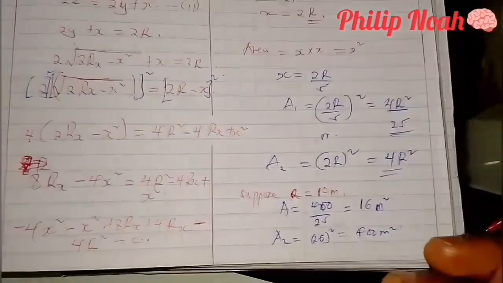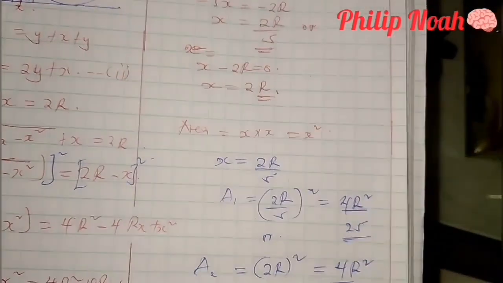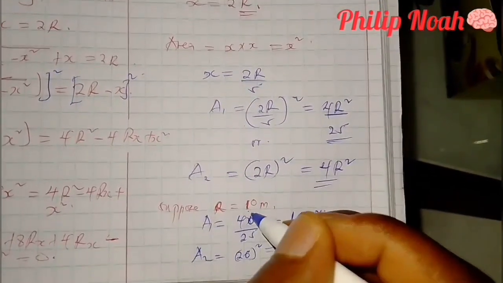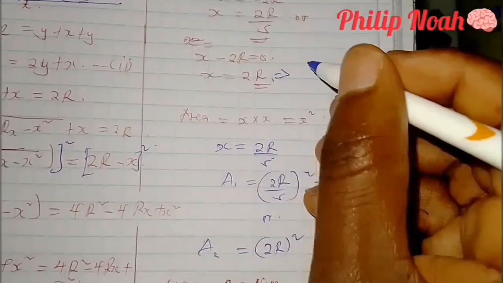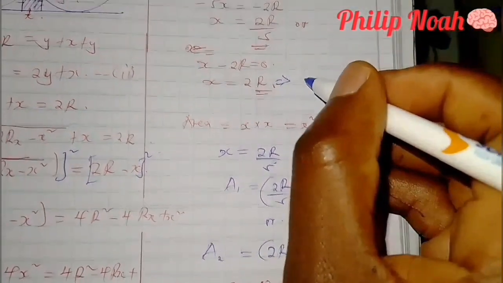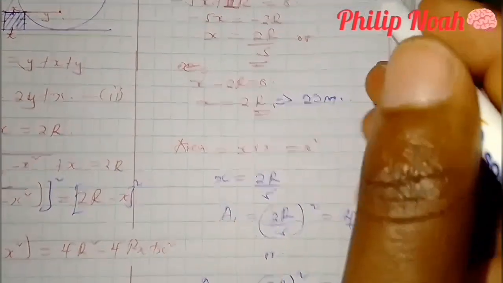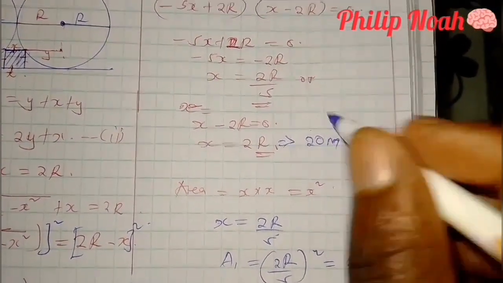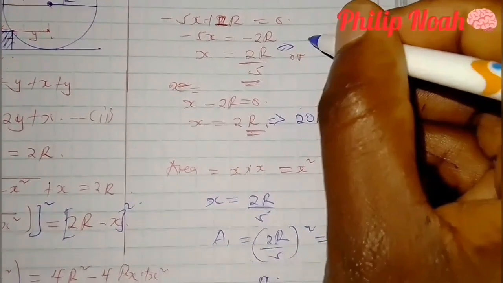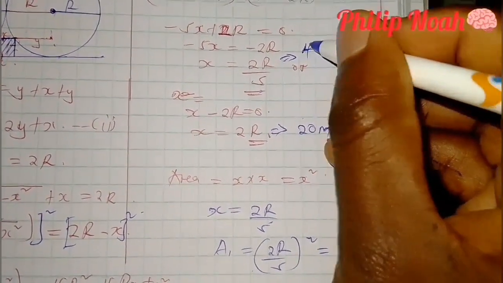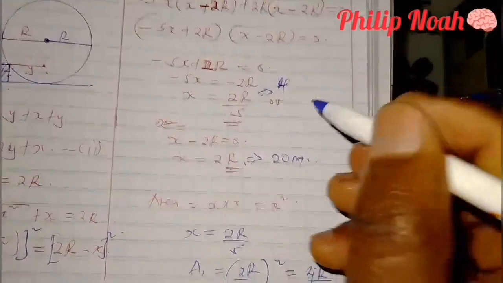If you compare these two values of x, for example, if the radius was 10 here, x could be 20 meters here, and for here x will be 4 meters.